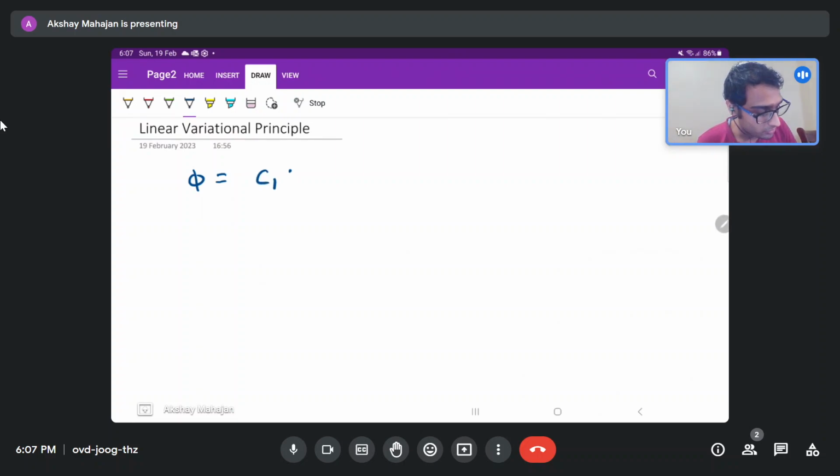So one way is to take a linear combination of some psi1 and psi2 that we know, and we approximate our solution as a linear combination of these two.